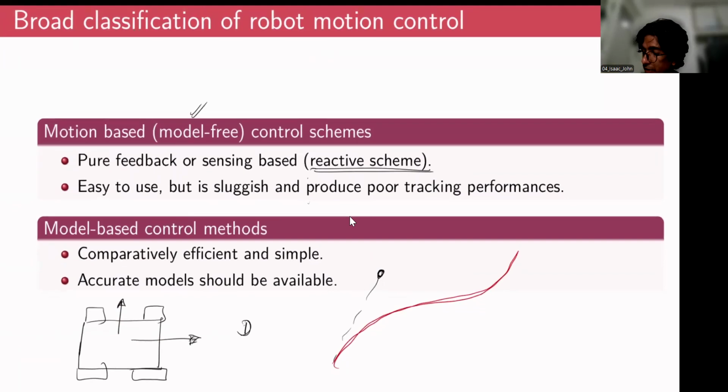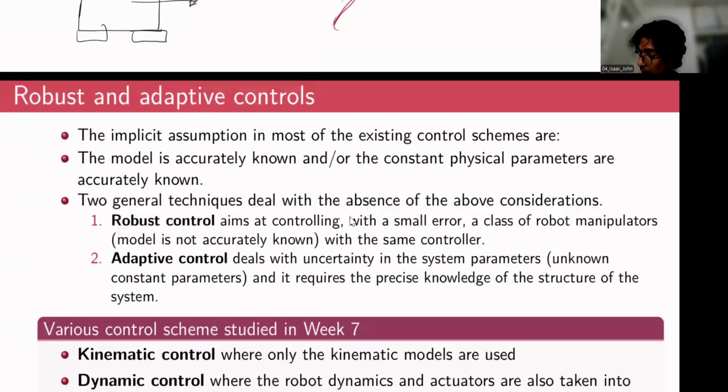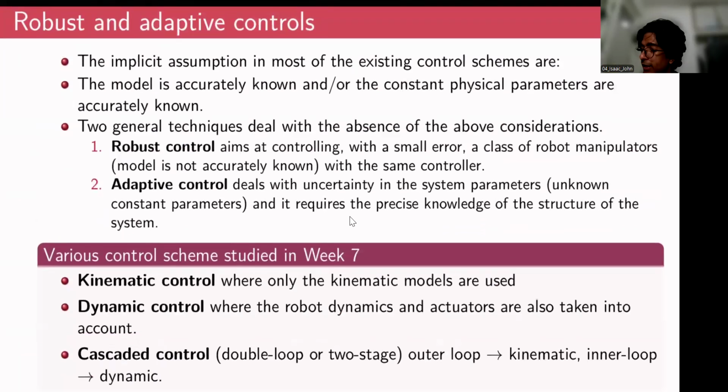So that is one classification, whether the controller is model free or whether it is model based. And again, there are some other philosophies in robotic controls. We call the philosophies robust and adaptive controls. We'll have a brief overview of what those philosophies are.